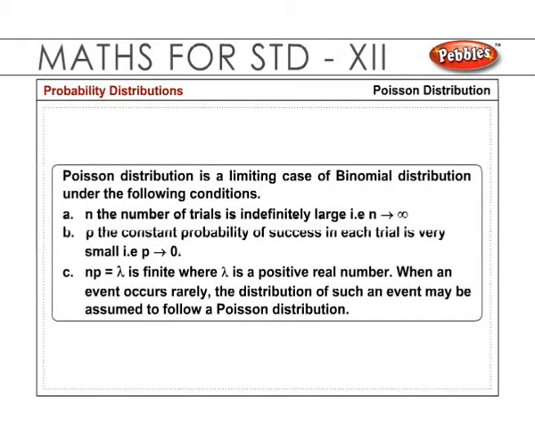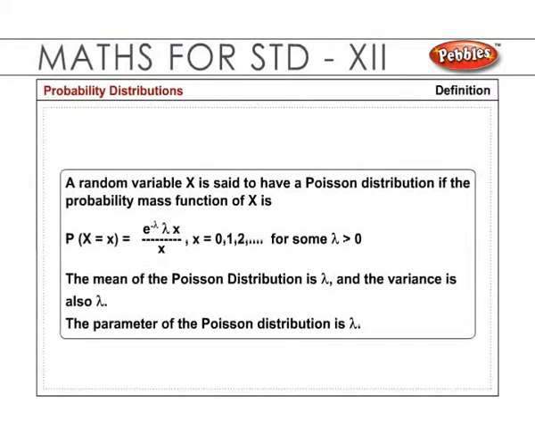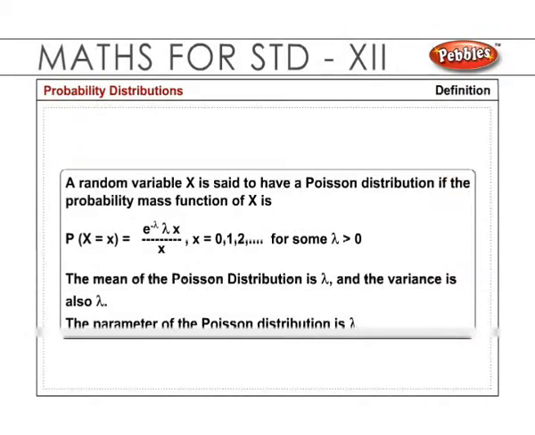When an event occurs rarely, the distribution of such an event may be assumed to follow a Poisson distribution. Definition: a random variable x is said to have a Poisson distribution if the probability mass function of x is P of capital X is equal to small x, as shown above, for some lambda greater than 0. The mean of the Poisson distribution is lambda and variance is also lambda. The parameter of the Poisson distribution is lambda.